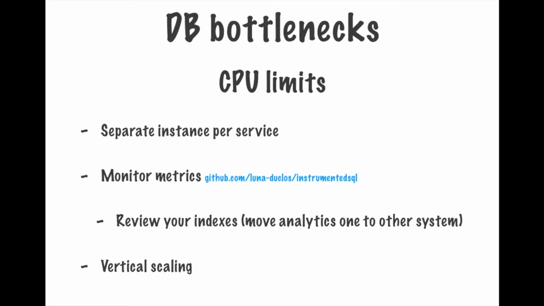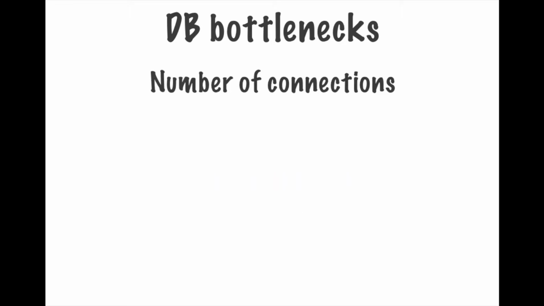And lastly, you can also apply vertical scaling to your databases. We have this single instance of MySQL for our core service, and after all, we use 32 cores of MySQL CPU for Black Friday. Another bottleneck is the number of connections to the database.